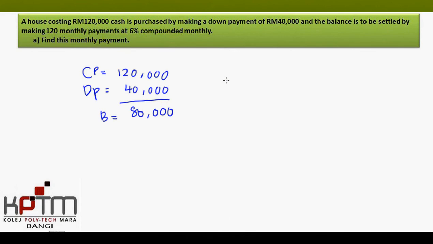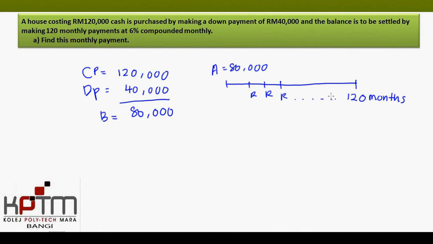As we discussed before, the balance is the amount of A. So A equals 80,000 ringgit. The duration of the loan is 120 months or payments. So we need to find the monthly payment. The bank charges 6% compounded monthly.